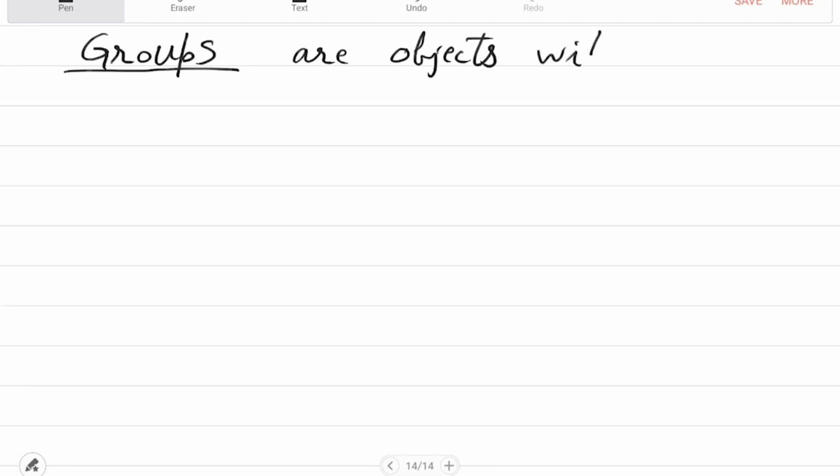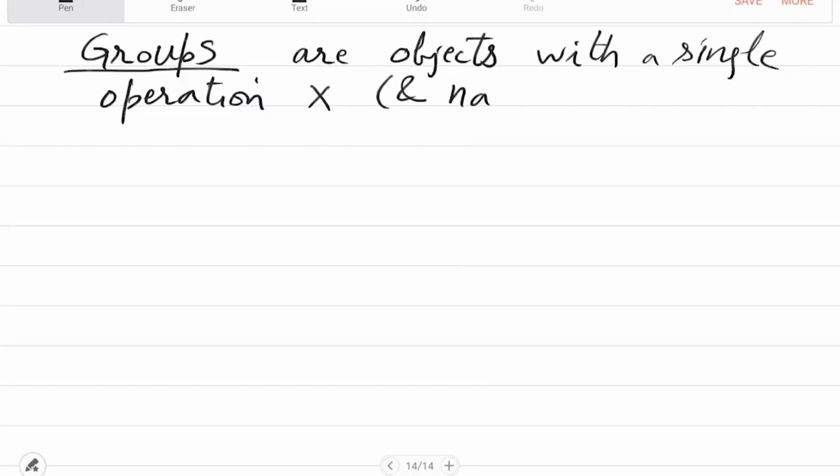There is only one operation, multiplication. Your set should be closed under multiplication, so any two elements you can multiply and get an element within the set.